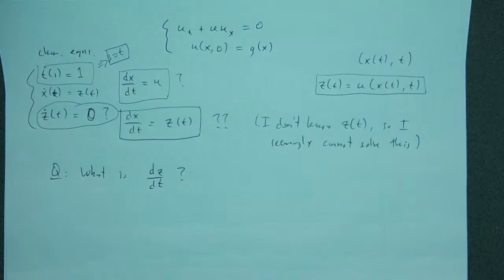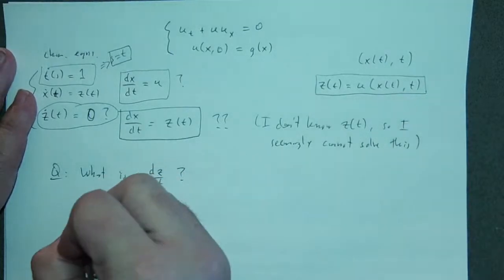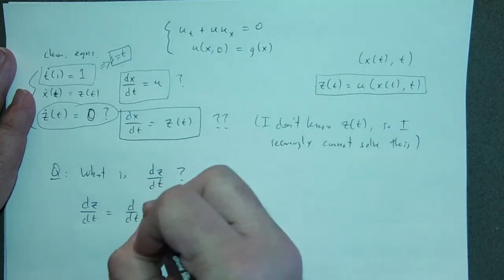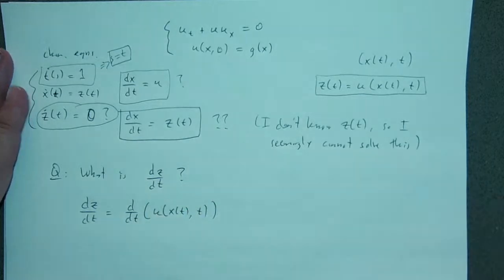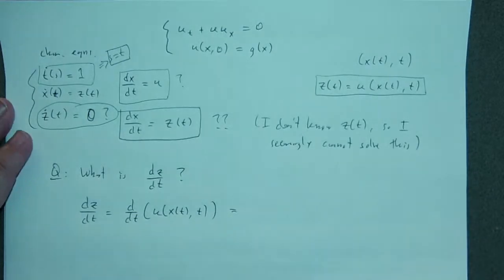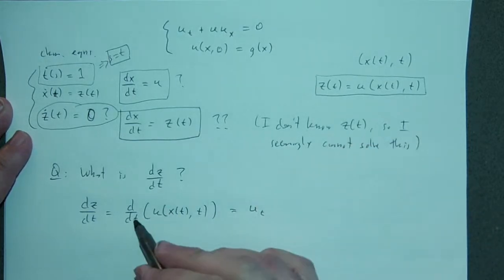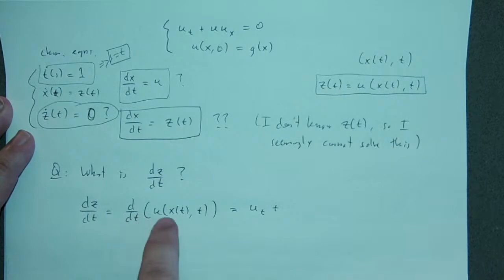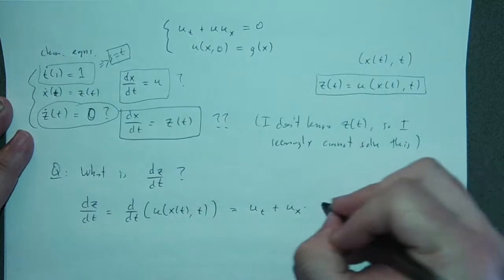So let's actually compute this. If z of t is u of x of t, t, then dz/dt is d/dt of u of x of t, t. I'm going to write the t derivative first. How do I compute this derivative? This is chain rule again. So this would be u sub t times the derivative of t with respect to t, which is just 1, plus u sub x times the derivative of x with respect to t.